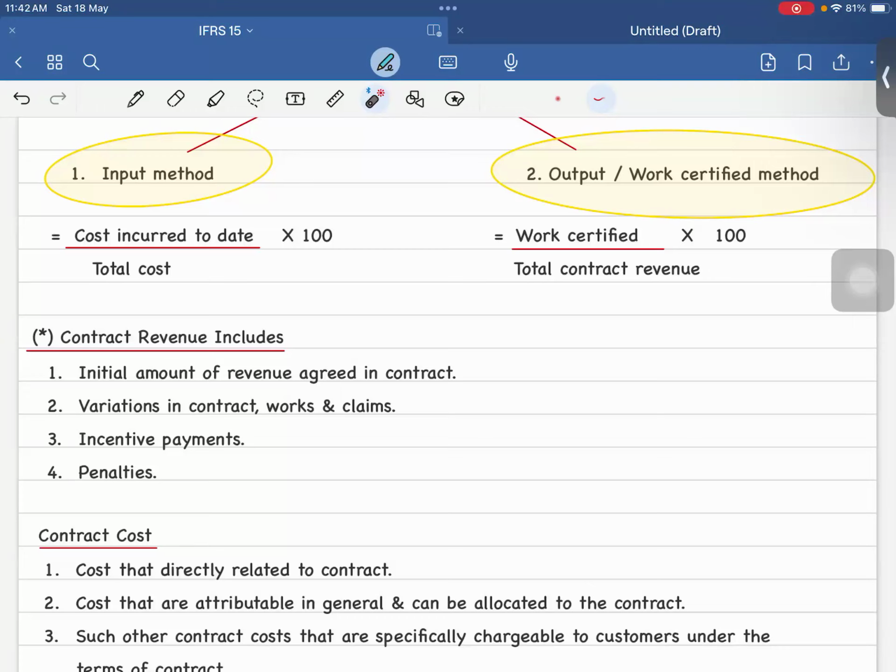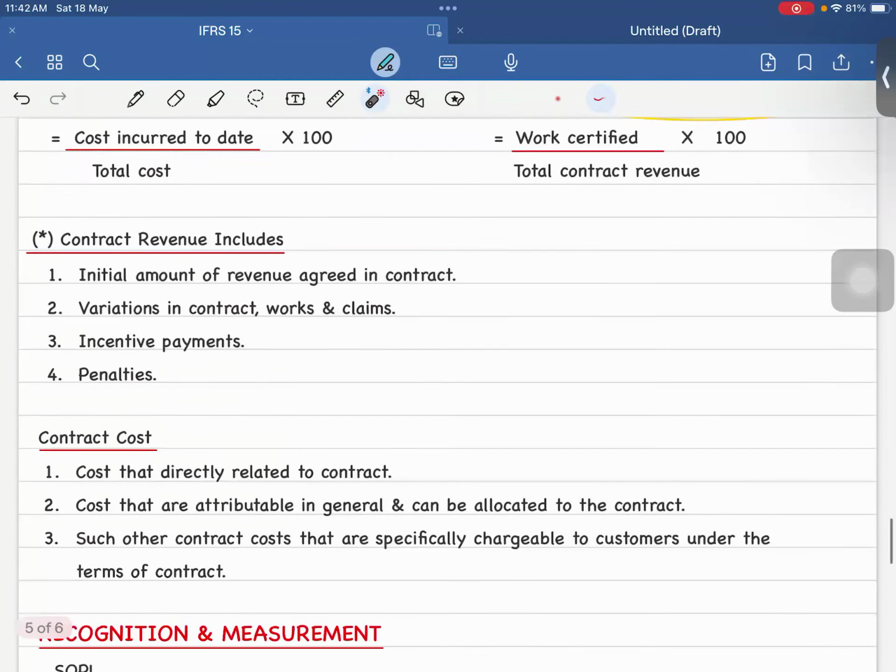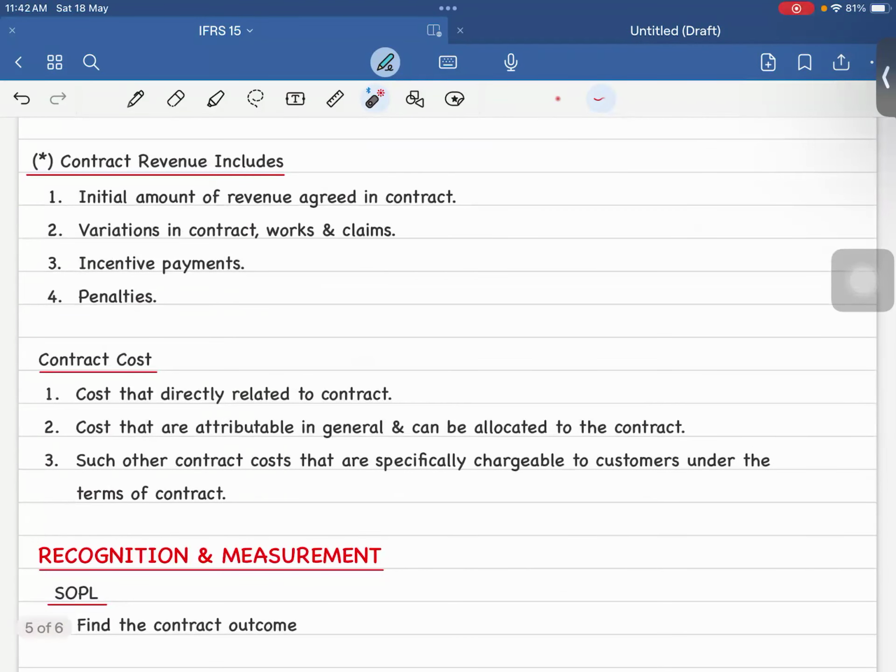So all the variations, extra works and any claims would be considered. The third is any incentives or discounts that are being provided. The fourth is any penalty, if the customer is going to back out from the contract. So these make up your revenue.